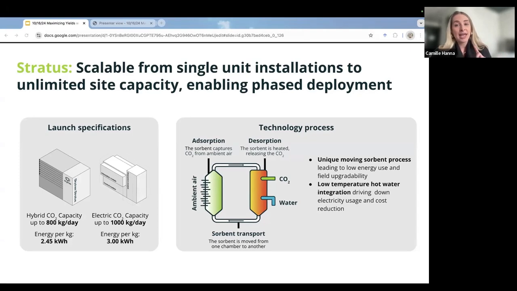So between now and 2027, we expect to bring that electricity consumption down to closer to 1.5 kilowatt hours per kilogram of CO2. The only thing that's going to get us there is, of course, this scale and this innovation on the sorbent, but we are well on our way to do that. You can go to the next slide.